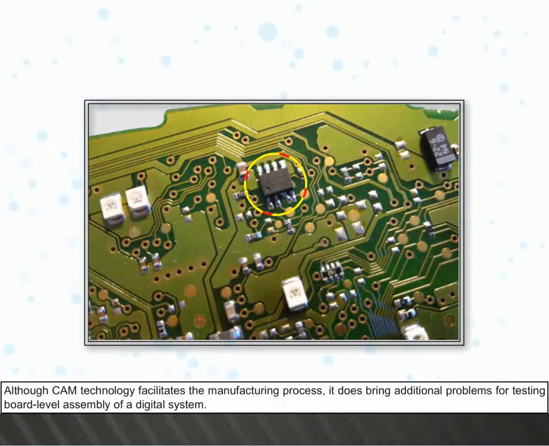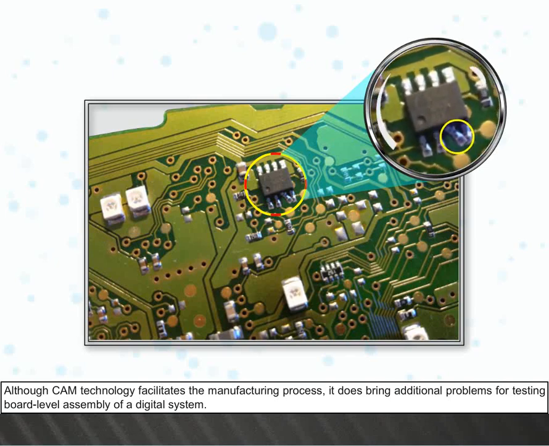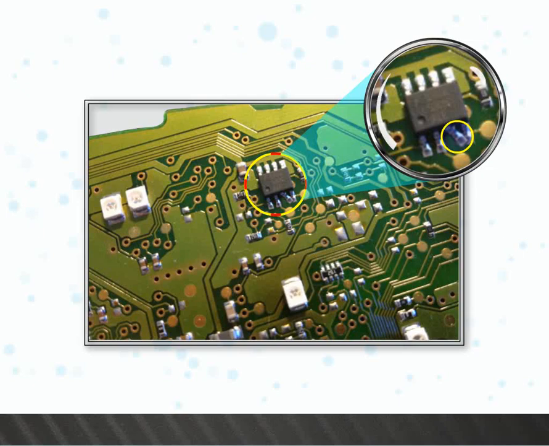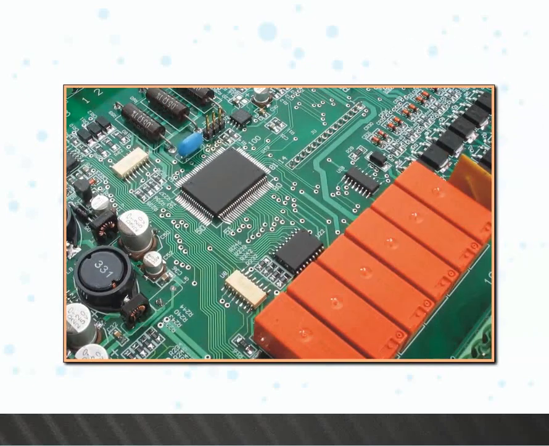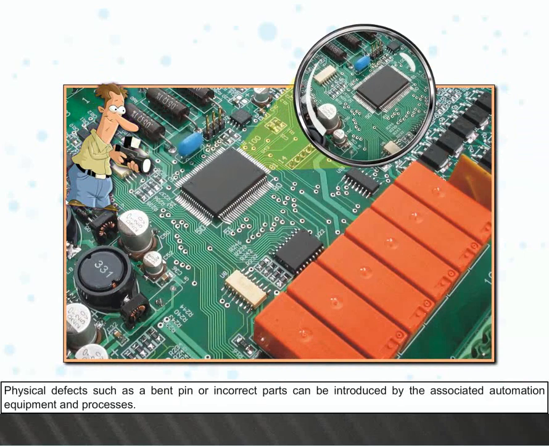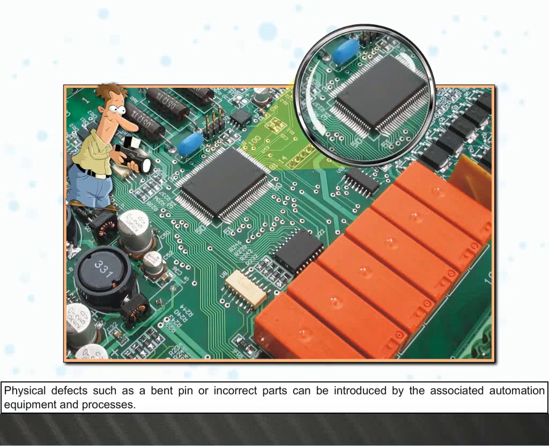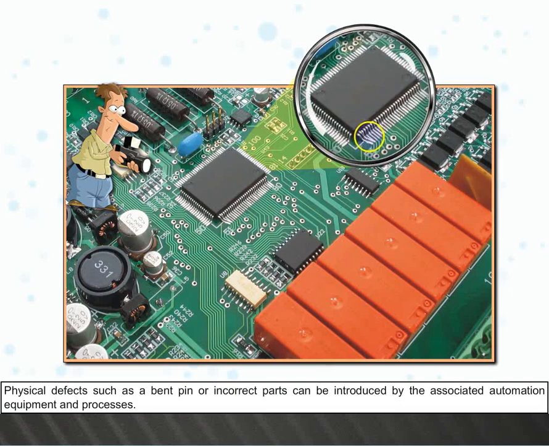Although CAM technology facilitates the manufacturing process, it does bring additional problems for testing board level assembly of a digital system. Physical defects such as a bent pin or incorrect parts can be introduced by the associated automation equipment and processes.